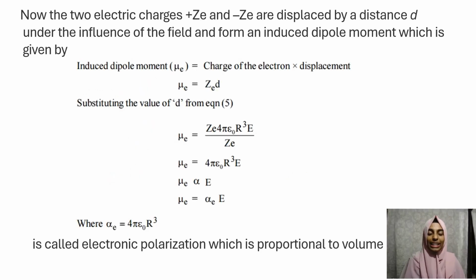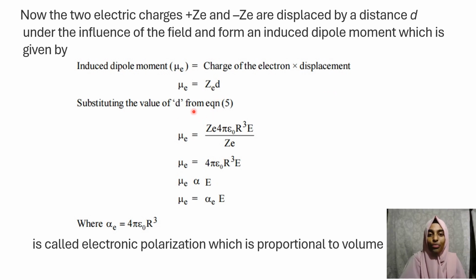Now, the two electric charges, plus Ze and minus Ze, are displaced by a distance d under the influence of the field and form an induced dipole moment, which is given by mu equals the charge of the electron times the displacement. Here we take that the electron charge and the nucleus are separated by a small distance d.